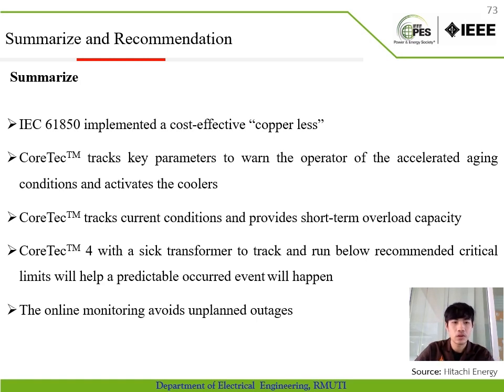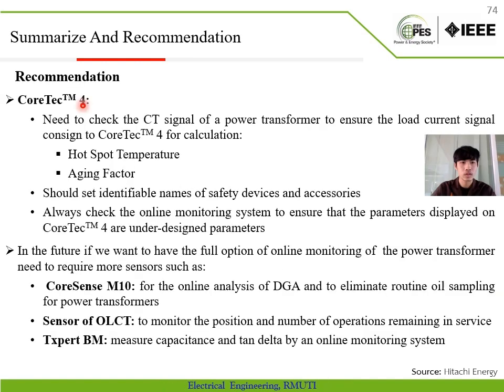Moreover, Cortex TM4 can be implemented with 6 transformers to track and run below the recommended critical limit, so a predictable event can be anticipated. And moreover, an online monitoring system can avoid unplanned outages by continuously measuring temperature, load, and gas forming in real time, for the power transformer to operate without any disturbance.